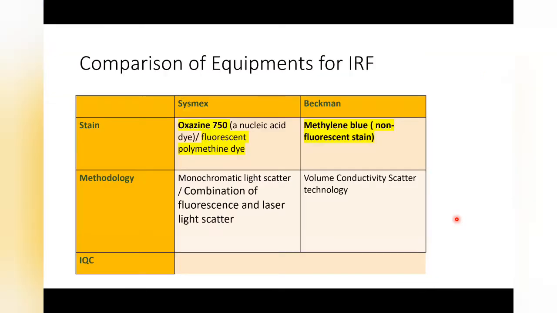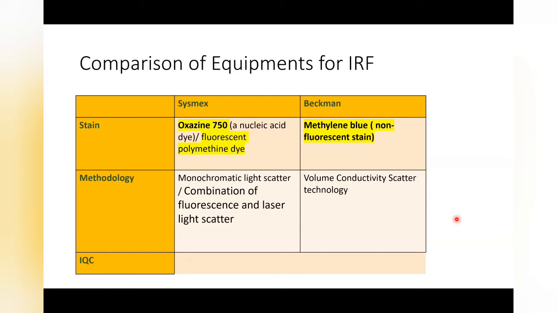Again, if we look at the equipment, how do they differ in relation to the reporting of IRF? Whenever we talk about Sysmex Coulters, they have a stain called oxazine 750, which helps in picking up these reticulocytes. Now, oxazine 750 is a nucleic acid dye. It binds to both DNA and RNA. Mind you, the point here is that reticulocytes have more RNA.